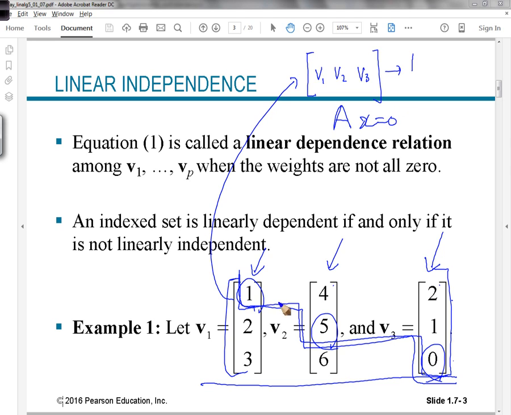But if the staircase has this kind of shape, then the third vector is unfortunately part of the span of the previous two vectors. So altogether, V1, V2, and V3 are linearly dependent. The set as a whole is linearly dependent.